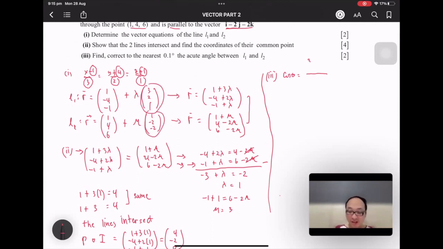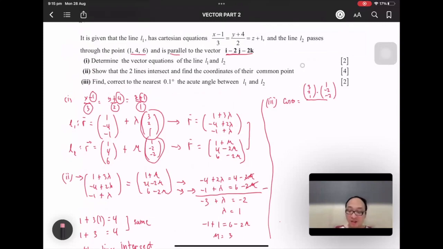So it's (3, 2, 1) dot (1, negative 2, negative 2), because the direction of the line becomes the vector. So we can find the angle between them using the direction vectors. Divided by the magnitude of (3, 2, 1), which is 9 plus 4 plus 1, root of 14.